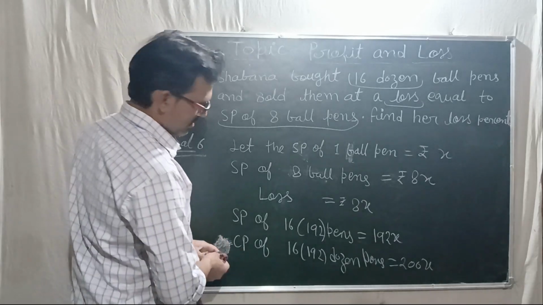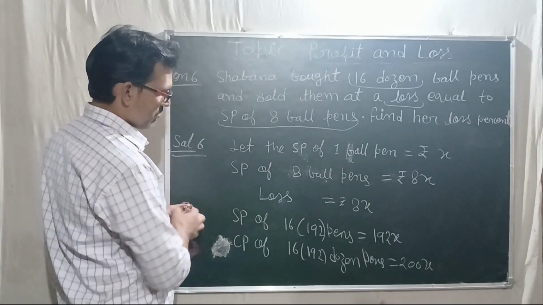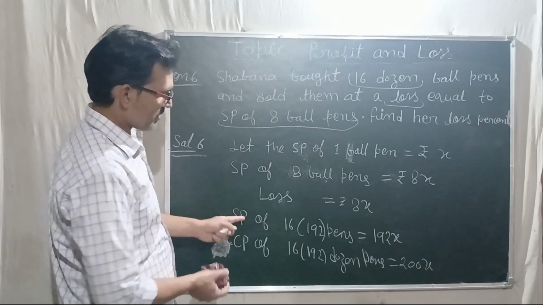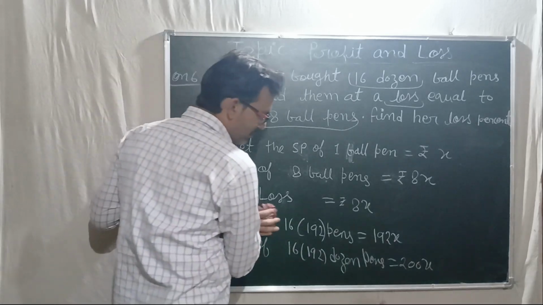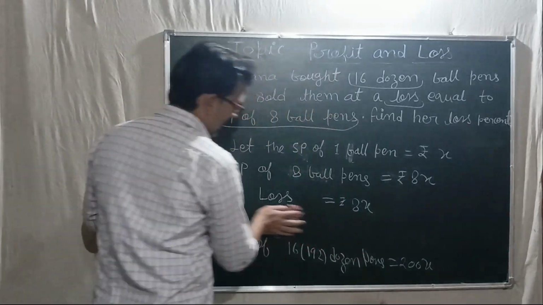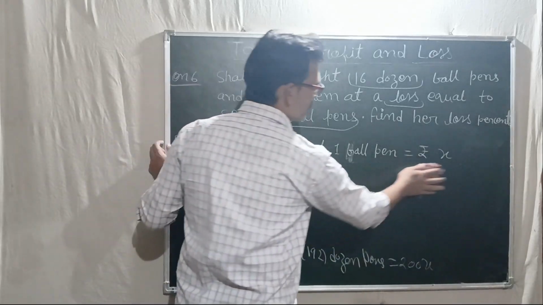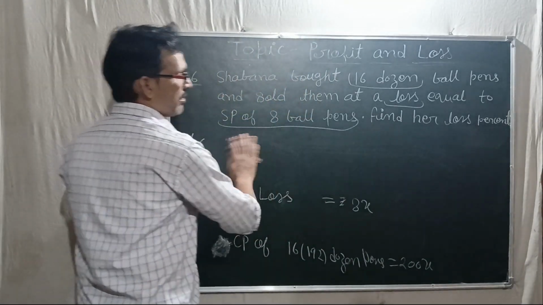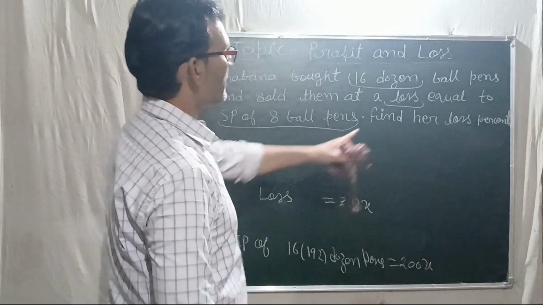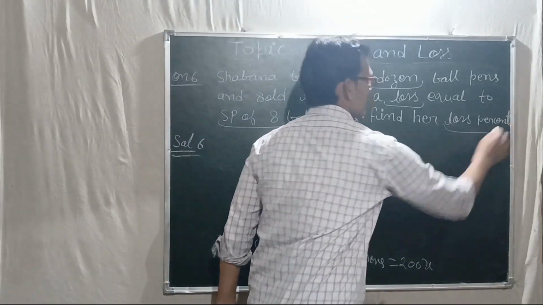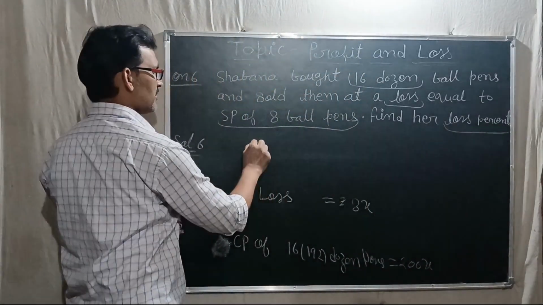Now we found the selling price and the cost price, but we do not need the selling price, we need the cost price and loss, because we have to find the loss percent.